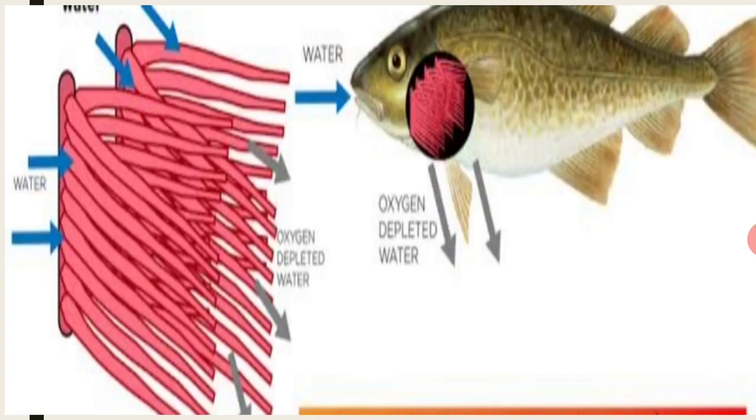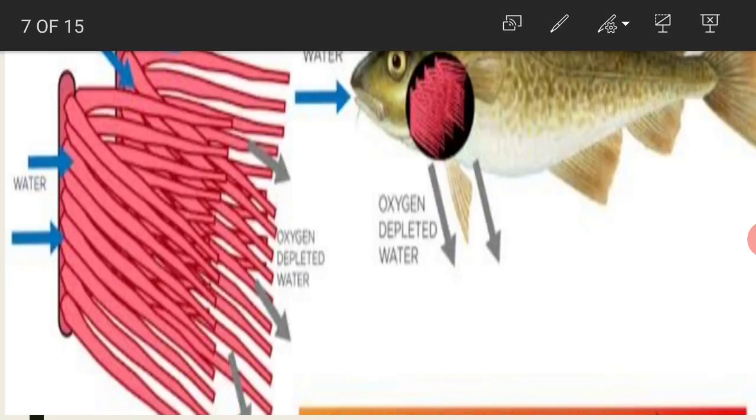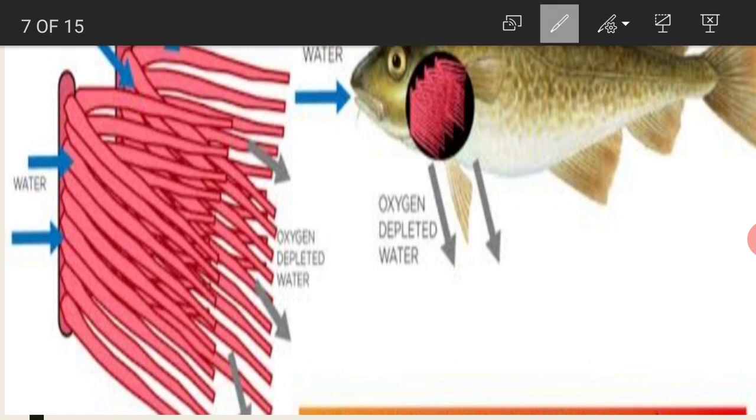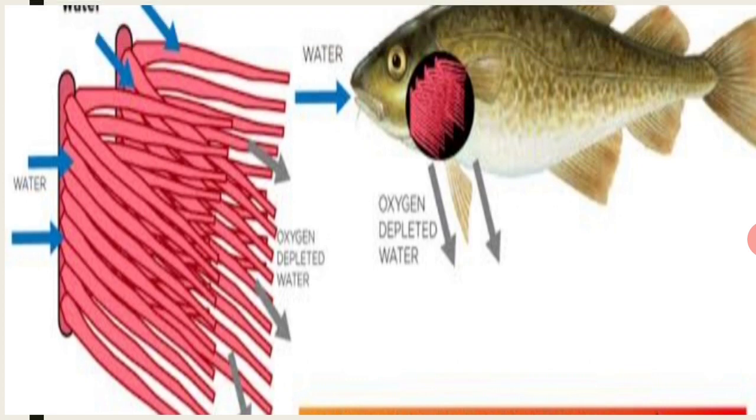And these are the gills. The mode of respiration in fishes is branchial respiration, because gills are the respiratory organs in case of all fishes except lungfishes. Lungfishes are called dipnoid fishes. Dipnoid fishes contain lungs as respiratory organs.